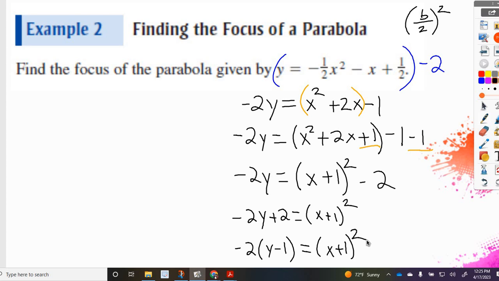So what do we say the two things that we need to know in order to find our focus are? Vertex and p-value. Well, now we can find those. What's our vertex going to be?